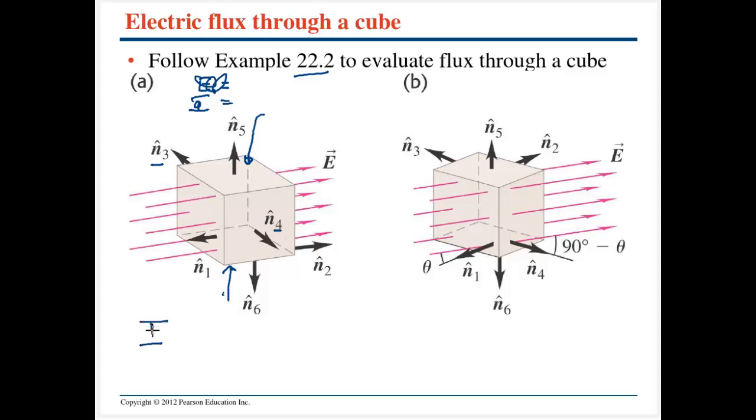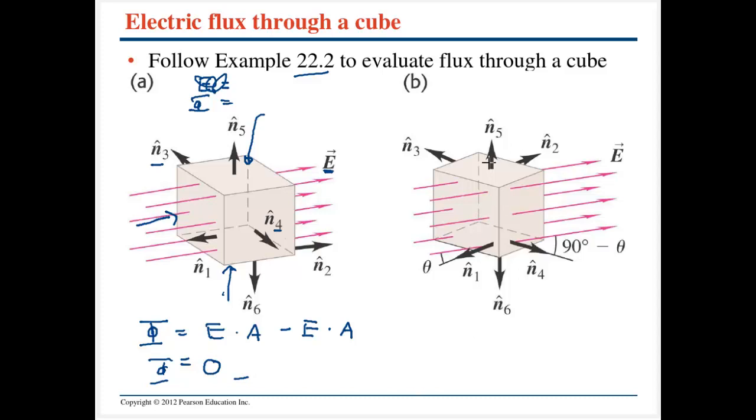So really the flux is going to be the electric field going in through this surface right here, so the electric field multiplied by the area of that surface, and then all of the electric field is going to be leaving the other side, so it's a minus electric field multiplied by that surface area. This is a cube, and so the flux is going to be equal to 0.